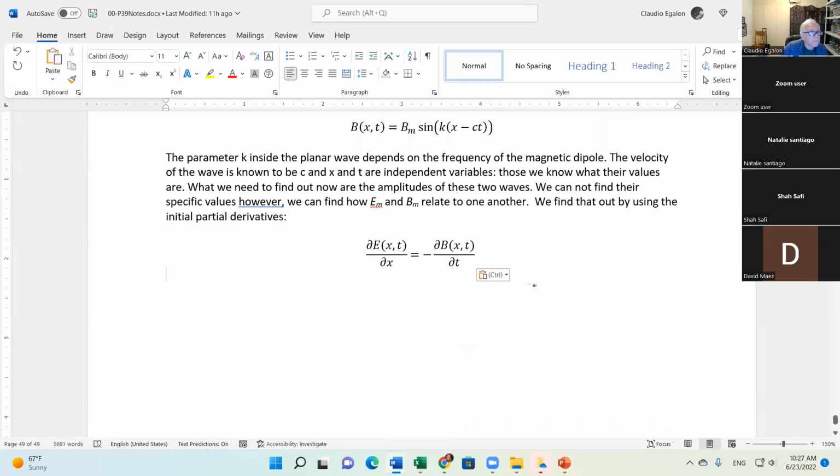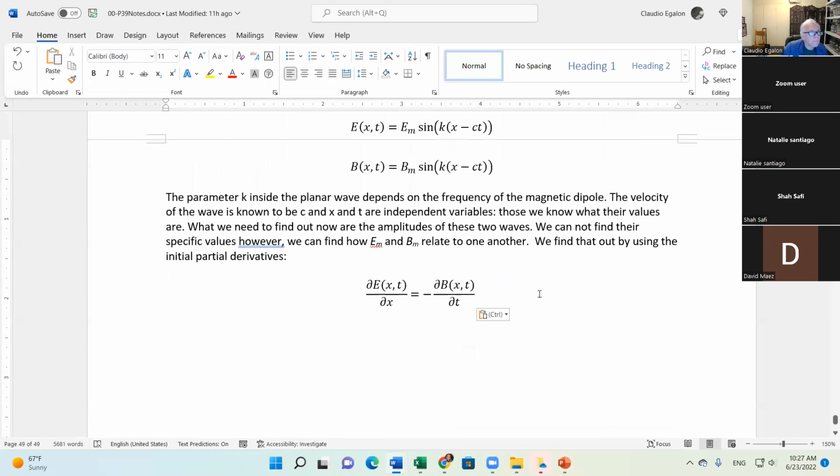Right, dE/dx. What's dE/dx? dE/dx is going to be E sub m k cosine of kx minus ct.